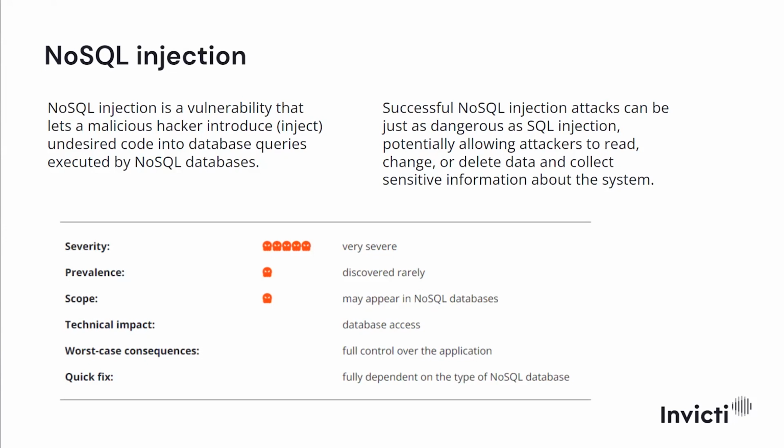These are a type of vulnerability that lets malicious hackers introduce or inject undesired code into database queries, which are then executed by NoSQL databases. And these are as severe as classical SQL injection attacks. You can change or delete data and even leak some information about the target system.